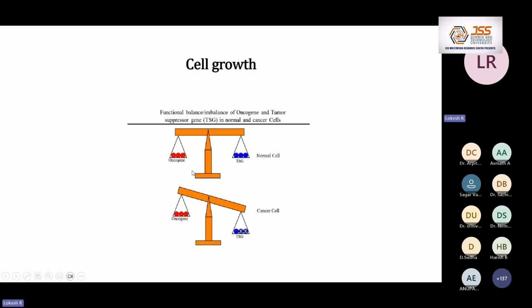There should be a balance between the oncogene and the tumor suppressor gene. If it is balanced, then there will be a normal cell. In case there is imbalance, that is, if the oncogene's production is more and the tumor suppressor gene, the TSG, is not able to suppress the oncogene, then it will get converted into a cancer cell.